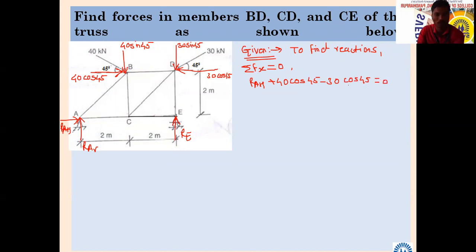Is there any other horizontal force other than this? So from this, what is RAH? Is it possible for you to calculate? What is RAH?